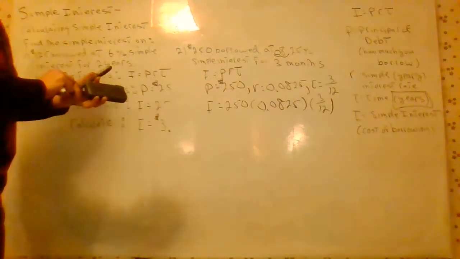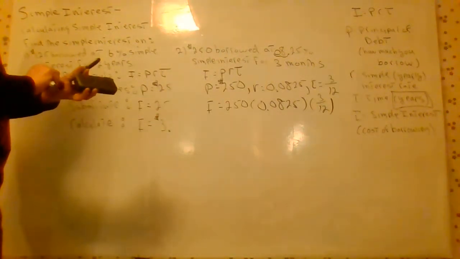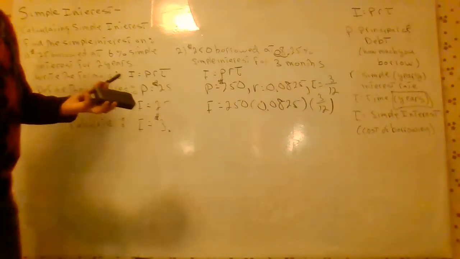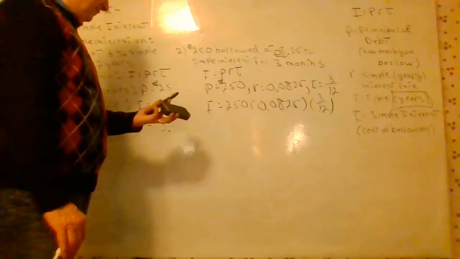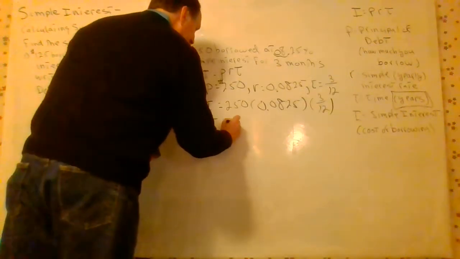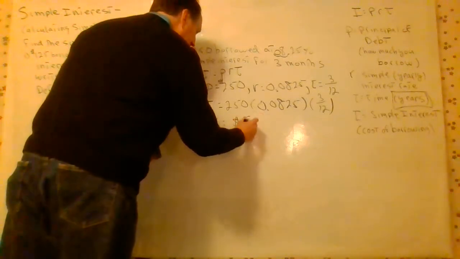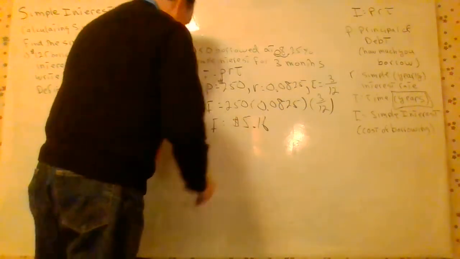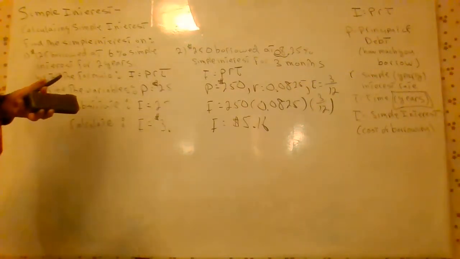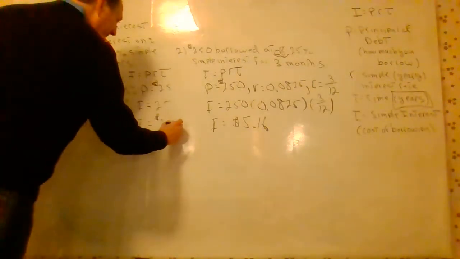And so we're going to do 250 times 0.0825 times 3 divided by 12 equals, and looks to me like we get $5.16. Okay, over here it was $3.